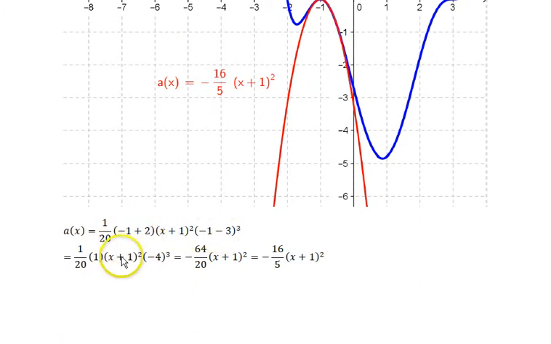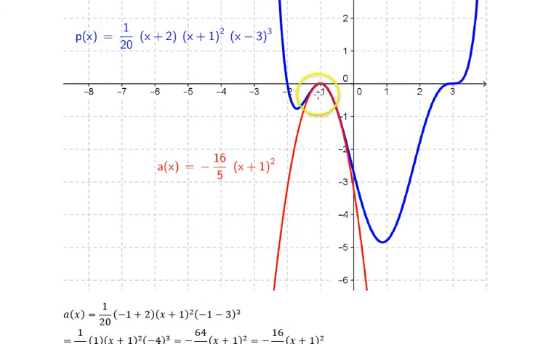And then as we simplify after substituting, we end up with -16/5 (x plus 1) squared. And you can see it's this red parabola here, and it is a very obviously good approximation, a simpler function, an approximating function at that 0.